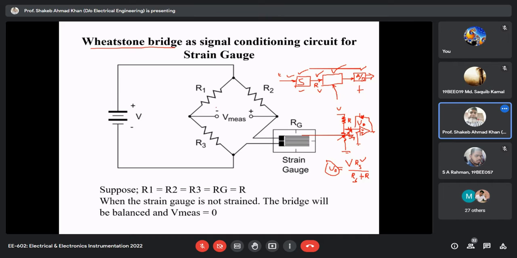So basically the Wheatstone bridge we are using, when it is used as a voltage sensitive bridge in deflection mode, then it converts the change in resistance in the strain gauge or any other resistive sensor into voltage. When the resistance of the sensor changes, accordingly this voltage will change. Is it clear to all of you?